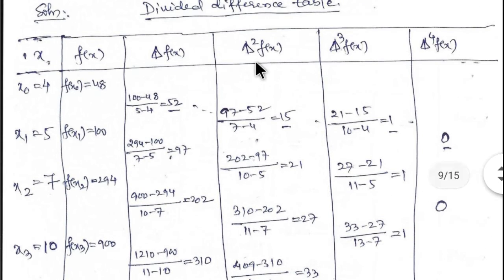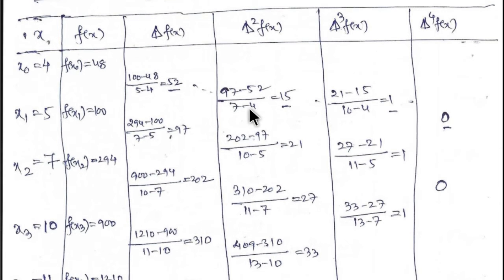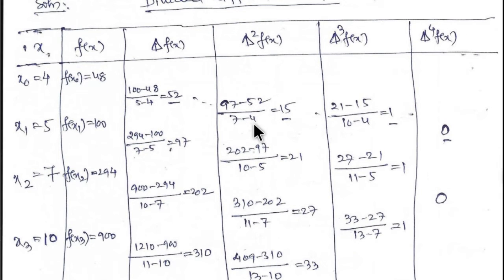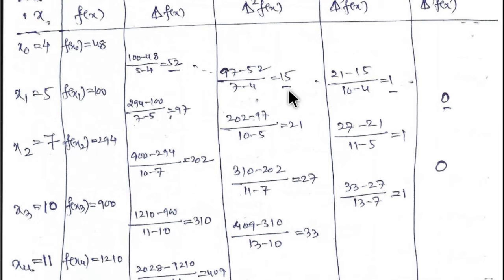Similarly, this is the second order divided difference of f(x). Take the difference of these two: 97 minus 52 in the numerator, and the denominator is 7 minus 4, x2 minus x0. This is f of x0, x1, x2, or delta square of f(x). This gives 15.